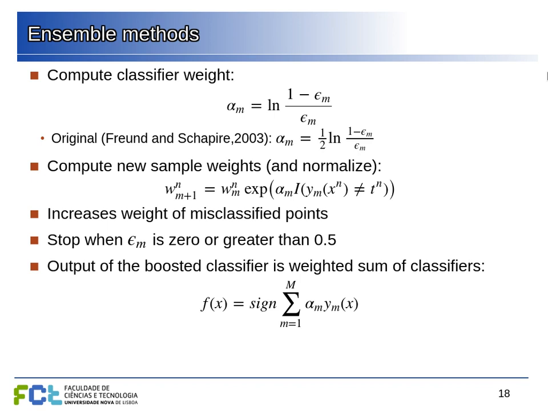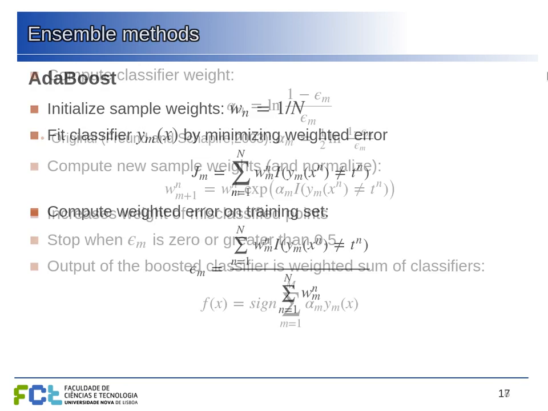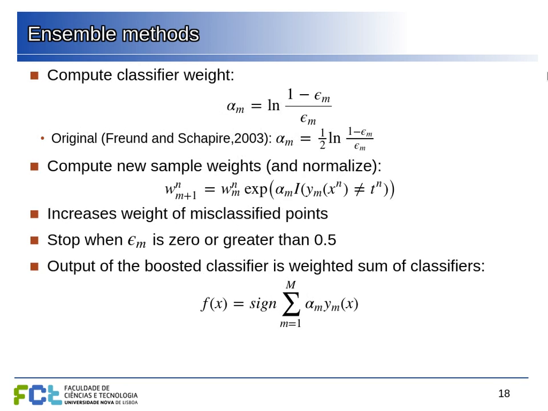So you compute the error, and now to update the weight, you have this formula which depends on whether they are wrong or not. So basically, this is e raised to the alpha. The alpha is a function of the error. It will be larger for larger error. And this gives you an update on the weights, which will increase the weight if the point has a mistaken classification.